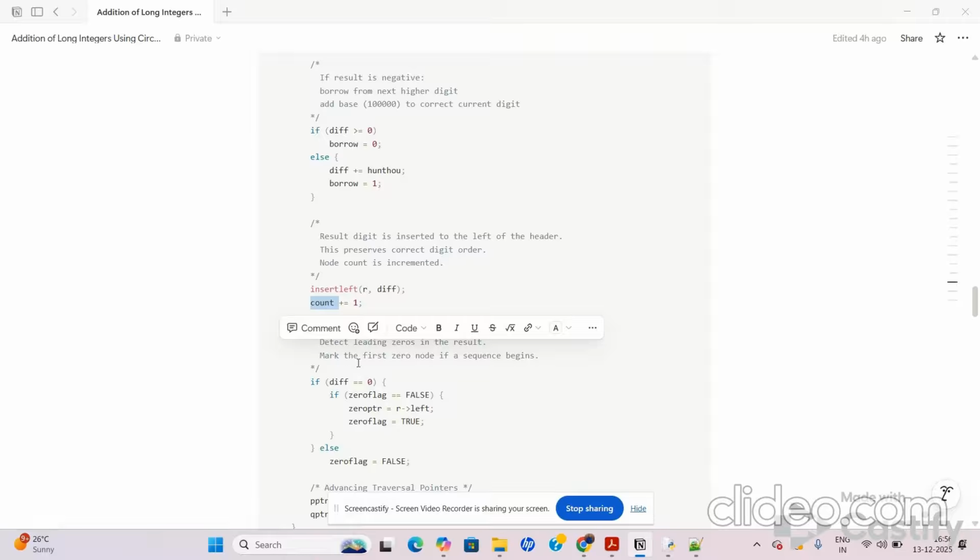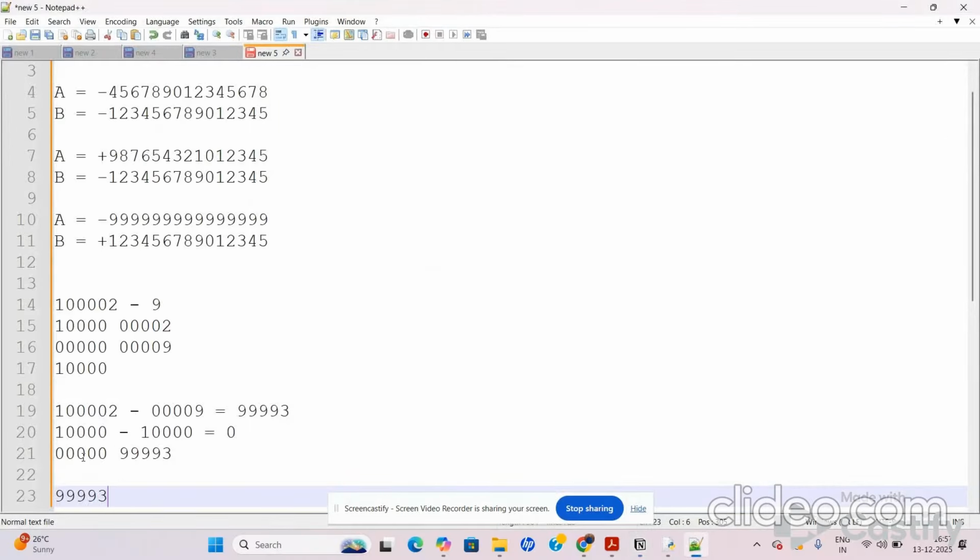So next, if you see, for example, in this case, we had a node where it contained all zeros, and these were the leading zeros, correct? This was formed as a result of the subtraction operation. So if a node exists with all leading zeros, it has to be deleted.